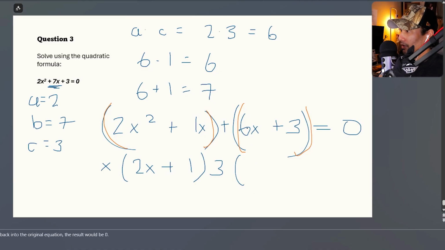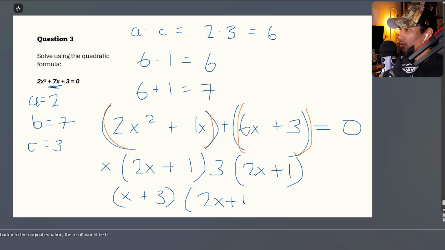Then 6x divided by 3 equals 2x, and 3 divided by 3 is 1. Then we see these right here. We can combine these together, and then x plus 3, we combine that together. So we get x plus 3 and 2x plus 1.